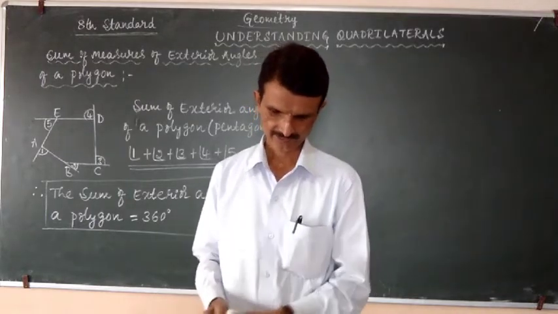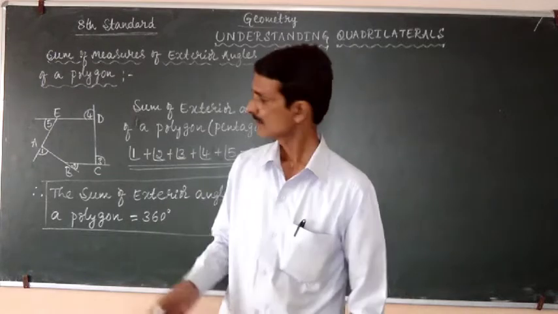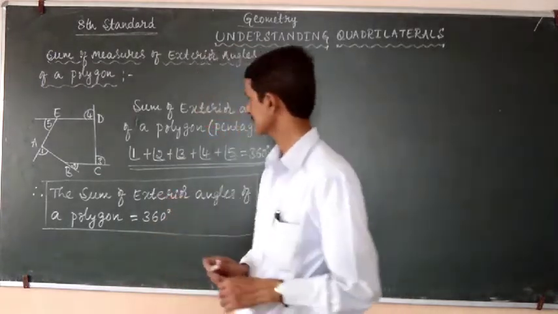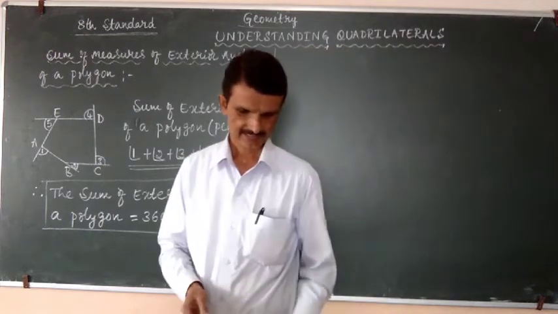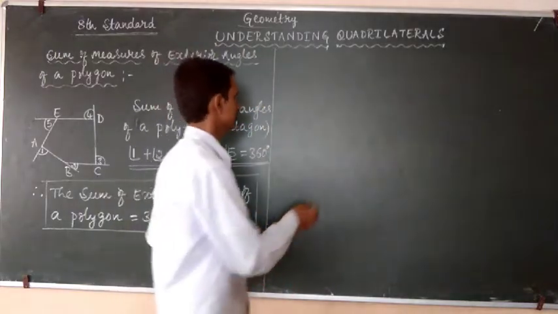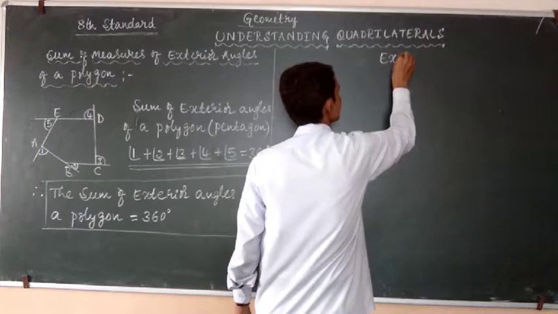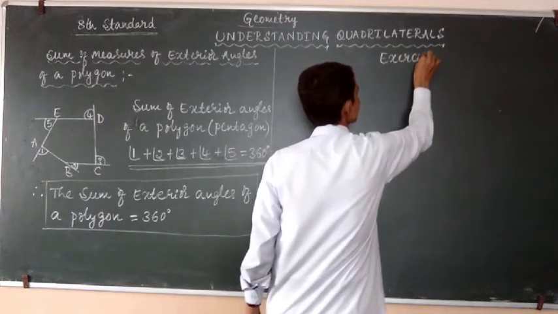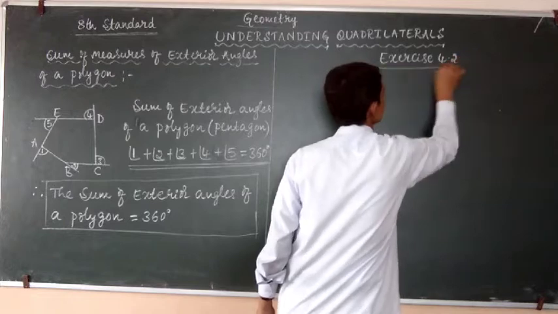Now students, we will see the problems on the exterior angles of a polygon. Now we will take the problems from Exercise 4.2.